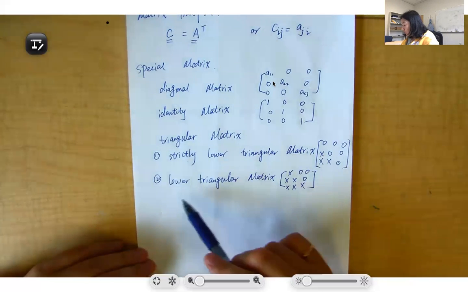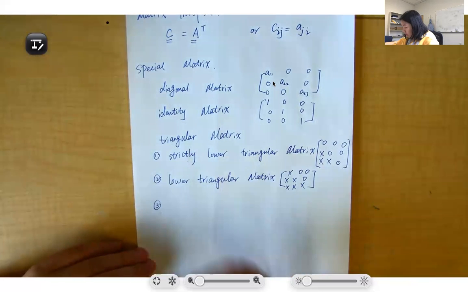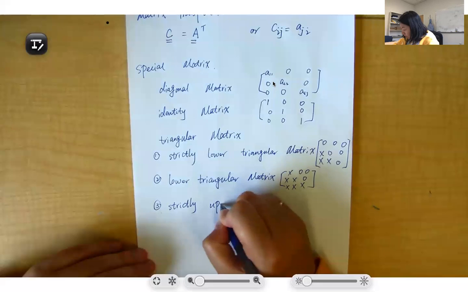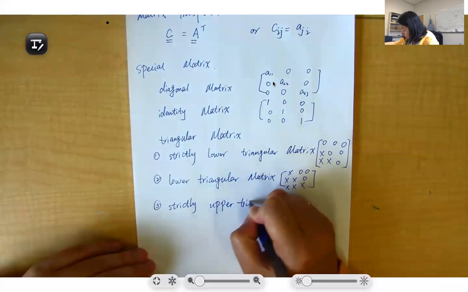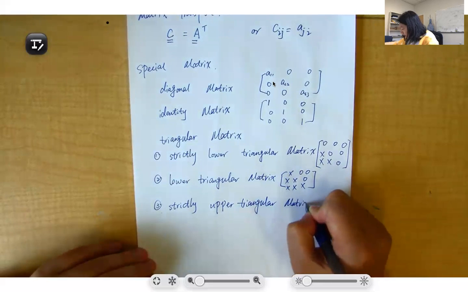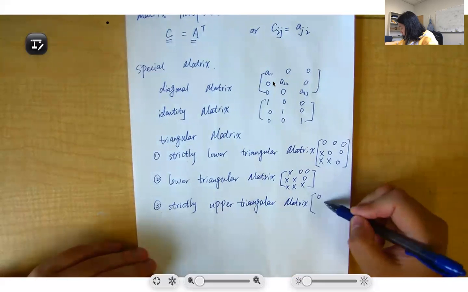That is the lower triangular matrices. Of course, the opposite way will be the strictly upper triangular matrix. So instead of the lower having the values, you will have the upper having the values.